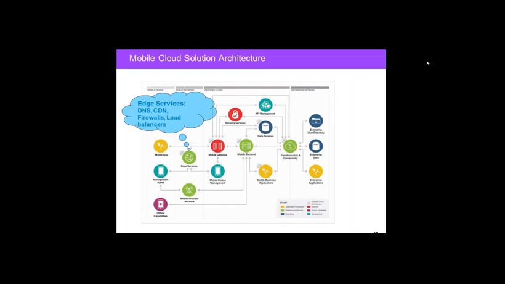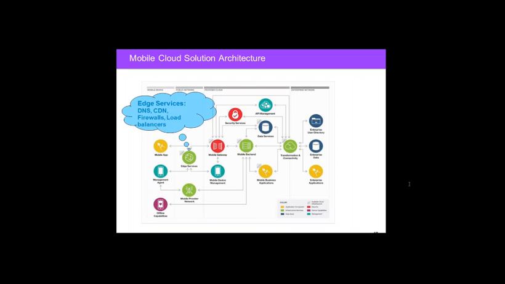Okay. The other core capabilities is the fact that interactions from a mobile perspective are going to go through DNS services and content edge services, firewalls, load balancers. Sometimes these services are implicitly provided by a cloud provider. Sometimes they need to be configured at an infrastructure as a service level.